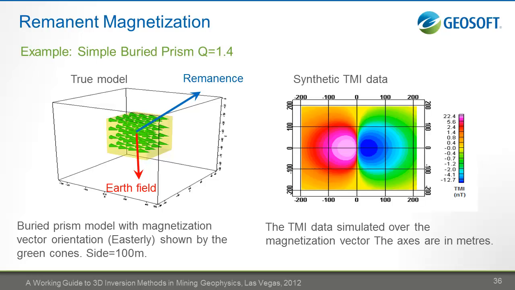If I calculate the total magnetization vector in the model, it becomes a series of vectors pointed in the easterly direction, and these vectors are represented by the green cones. Now, when I calculate the TMI response over that, I will recover an image which looks like this, which has a dipolar nature and is what one would expect with an easterly oriented magnetization vector.